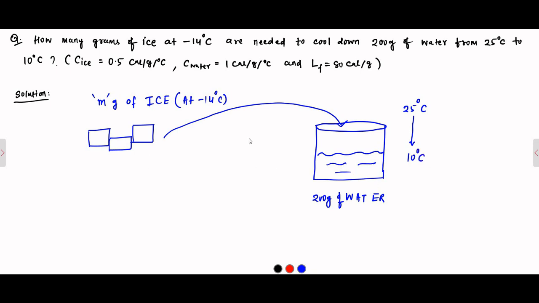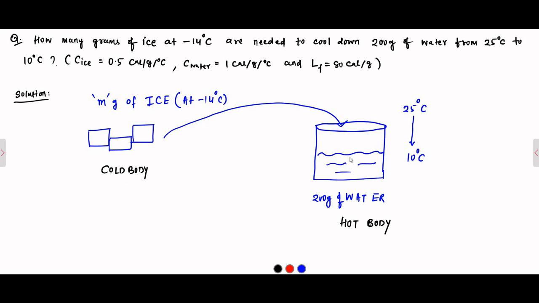So here in this situation, this 200 gram of water at an initial temperature of 25 degrees Celsius is the hot body because it is at a higher temperature, and m grams of ice at minus 14 degrees Celsius is the cold body.